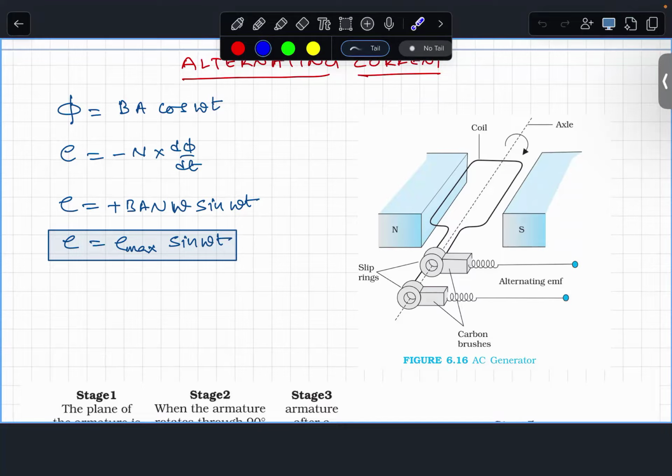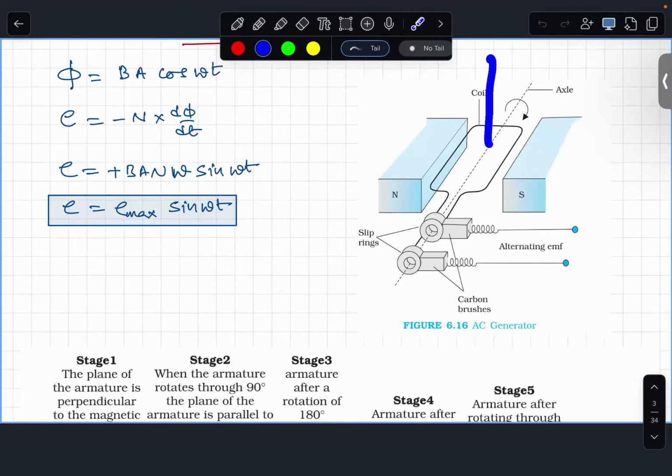And the plane of the coil makes an angle of 90 degrees with the direction of the field. Hence, when you are rotating, the flux linked with the coil changes.